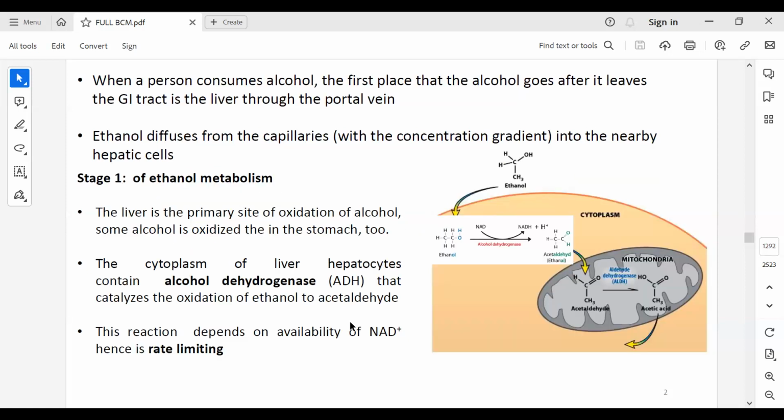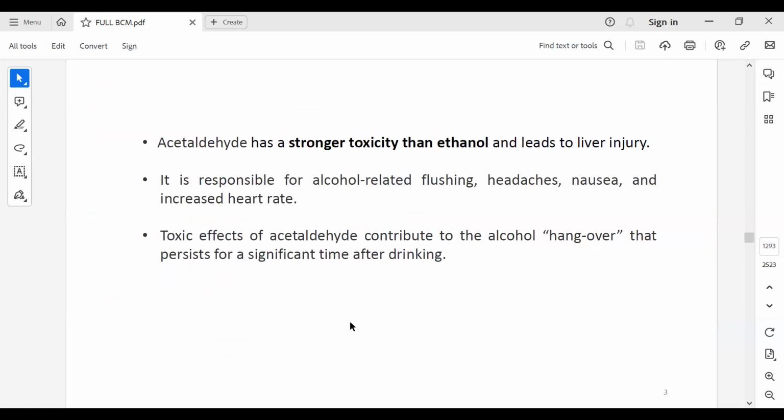Then in the end, the main thing is to make it more soluble, to form it into acetic acid. So we know aldehydes can be toxic, and that's why we have to convert it into acetic acid.